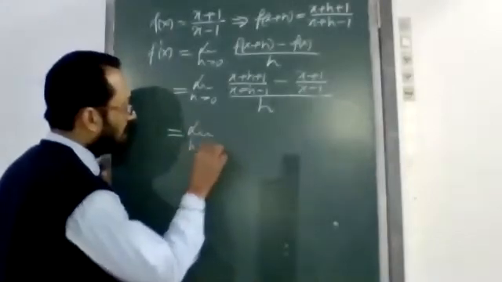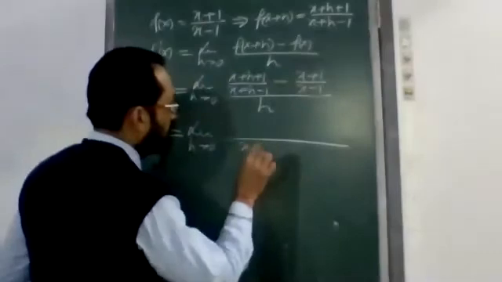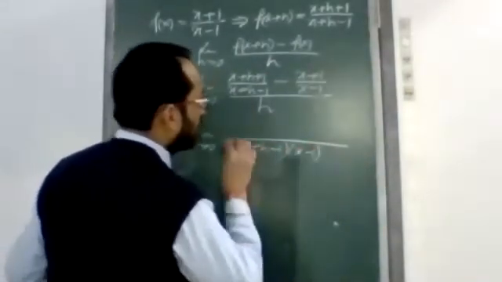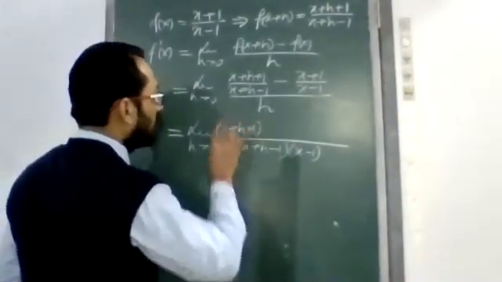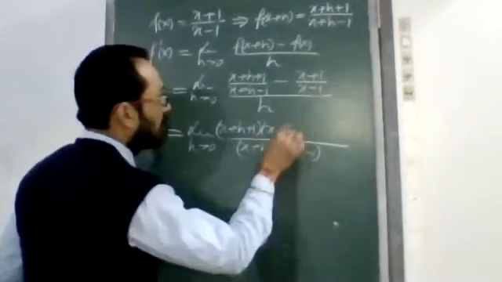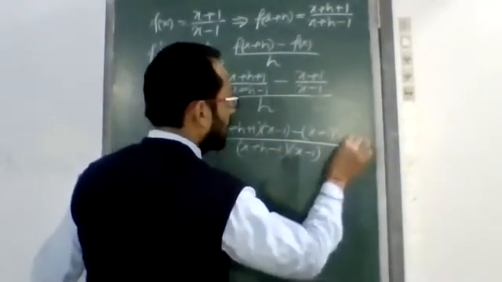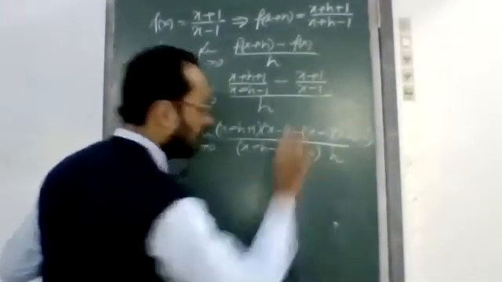Limit of h tends to 0, the denominator is (x plus h minus 1) into (x minus 1). It will become (x plus h plus 1) into (x minus 1) minus (x plus 1) into (x plus h minus 1), whole upon h. I'm writing it over here.